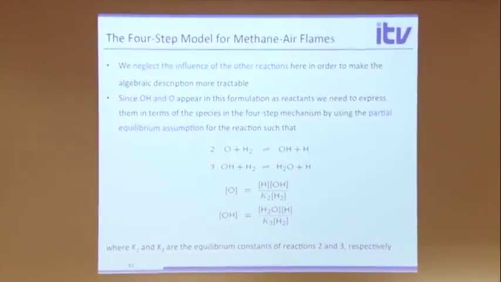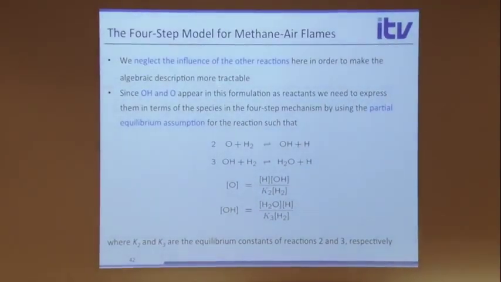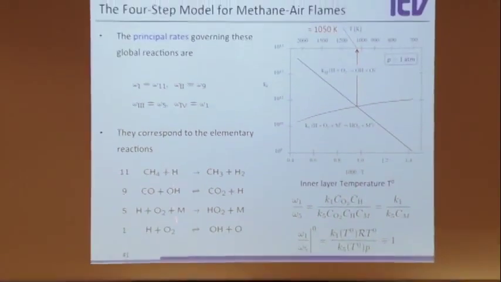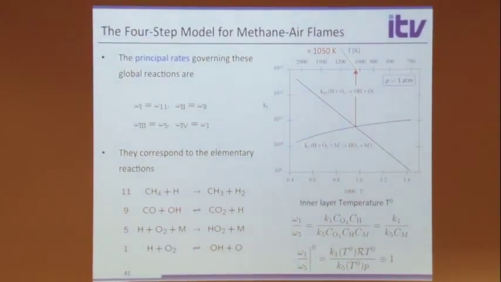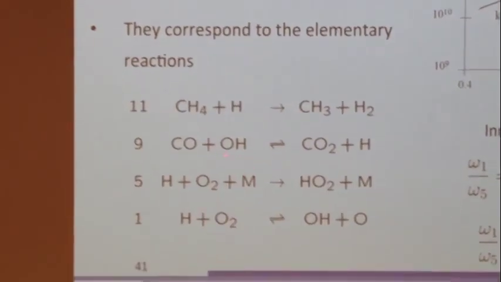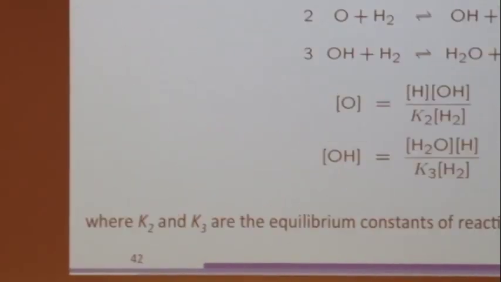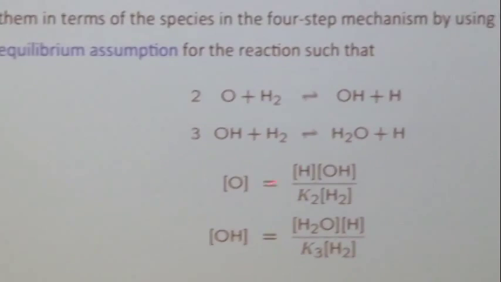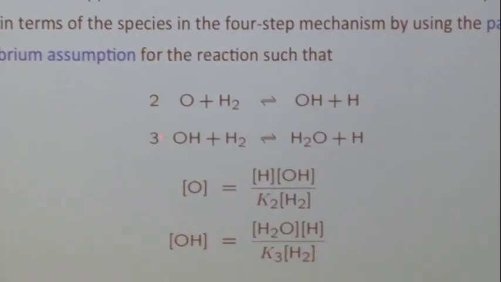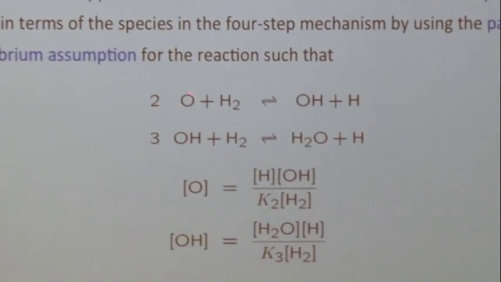Good. So now what's interesting is you have these reaction rates, and you see there's a concentration here of OH, and there's a concentration of OH here basically, which you want to get rid of. So these reactions here, 2 and 3, they can be used now also.